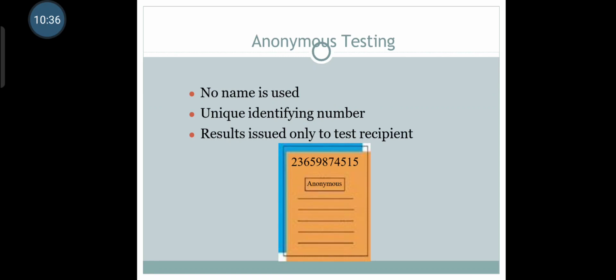If a person wants to confirm whether he is suffering from HIV AIDS or not, and he goes for a blood test, this blood test is kept confidential, his name is kept confidential, and an identification number or unique identifying number is given to that patient, and results are issued only to the test recipient, not anyone else.